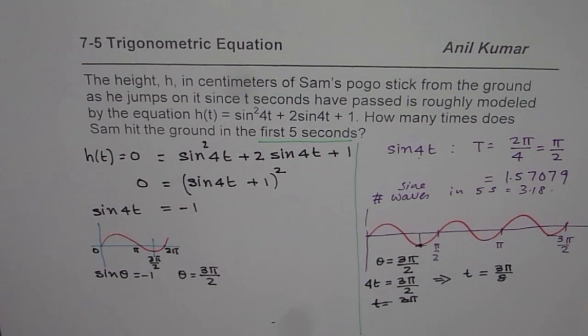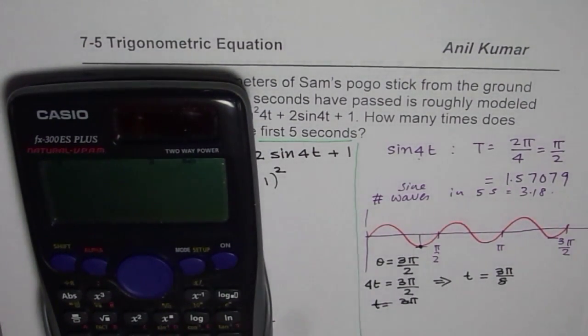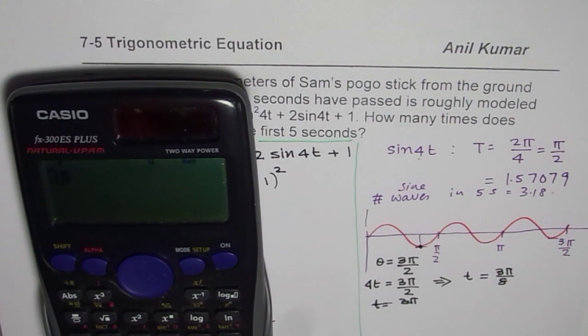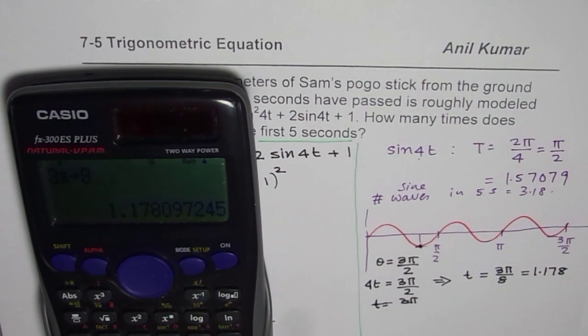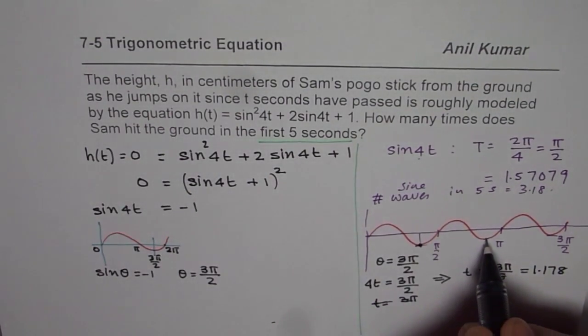Let's use the calculator to find how much it is. 3 times pi divided by 8, in decimals, is equal to 1.178. So that is the first time when it is going to hit the ground.